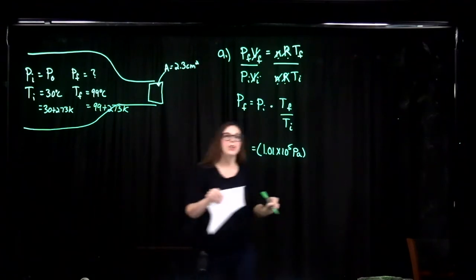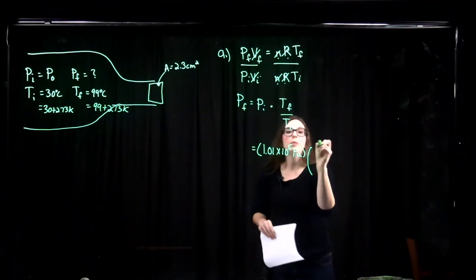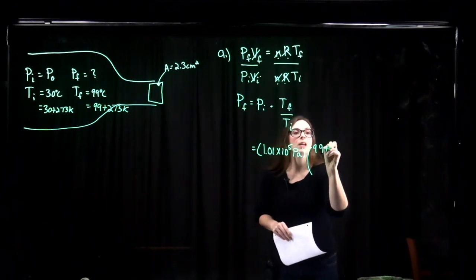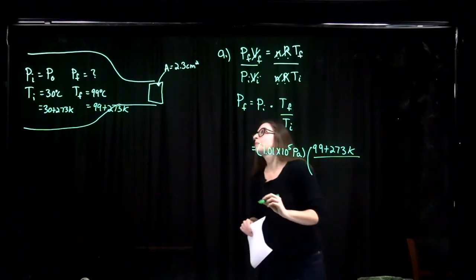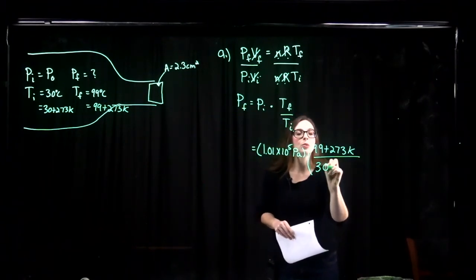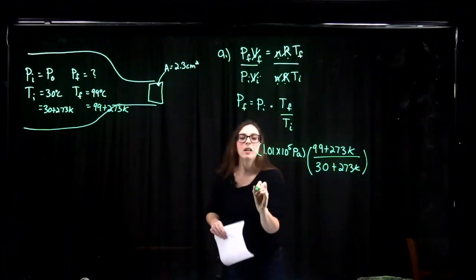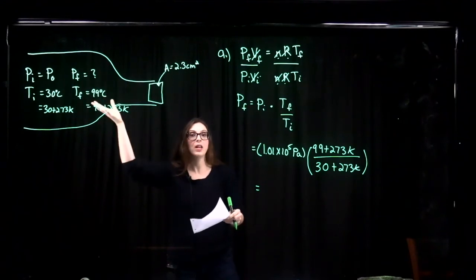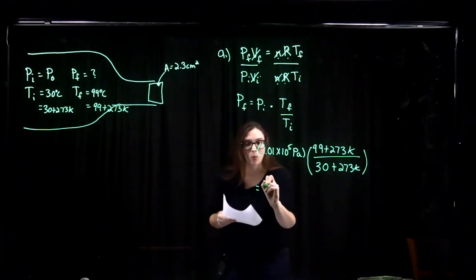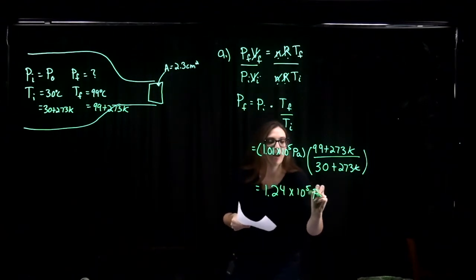So the final temperature, 99 plus 273 Kelvin, all over our initial temperature, 30 plus 273 Kelvin. And then I find that the pressure inside the bottle, once we've heated it up, is 1.24 times 10 to the 5 pascals.